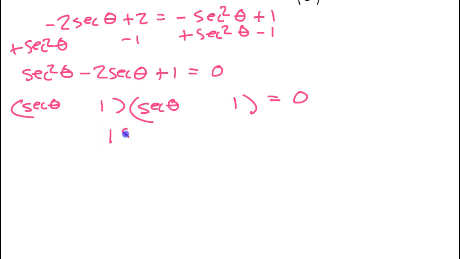Inner, I have 1 secant theta. Outer, I also have 1 secant theta. If I add these up, I need it to equal this middle term, negative 2 secant theta. That will happen if I allow both of these to be negative. That'll make negative 2. And negative 1 times negative 1 is positive 1, so that works out.